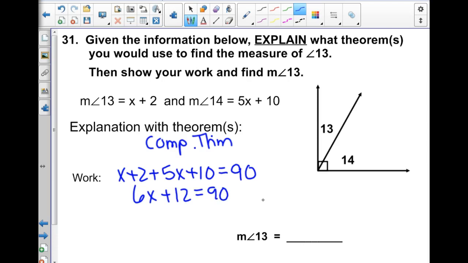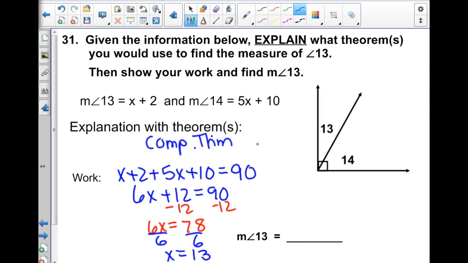We're going to solve by simplifying first on the left side. Then we're going to use the subtraction property of equality and take away 12 from both sides. We got 6 times x is 78. And then we're going to divide both sides by 6 by the division property of equality. X is 13.